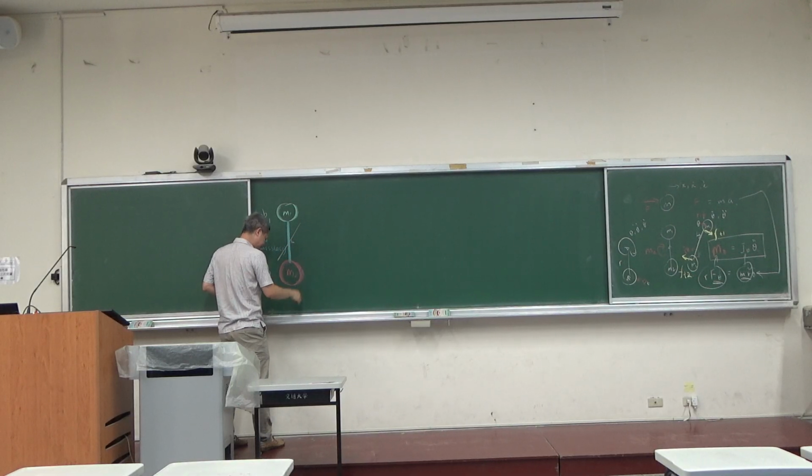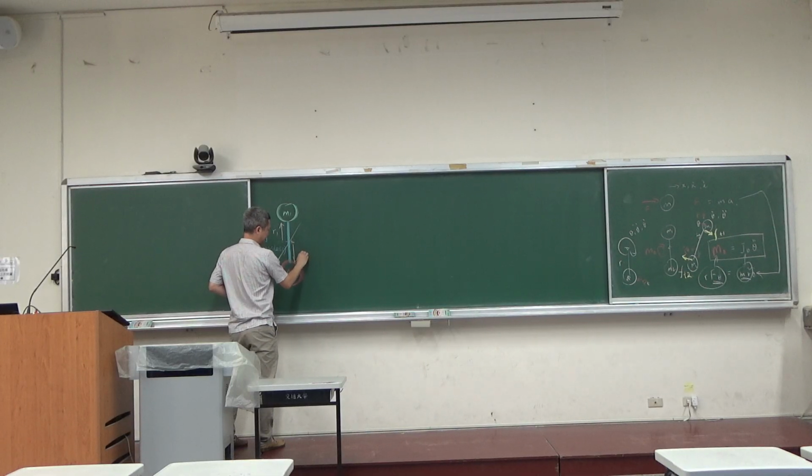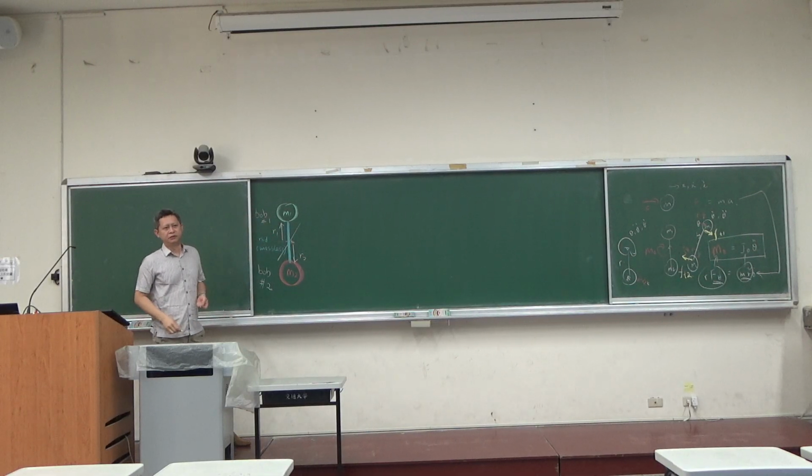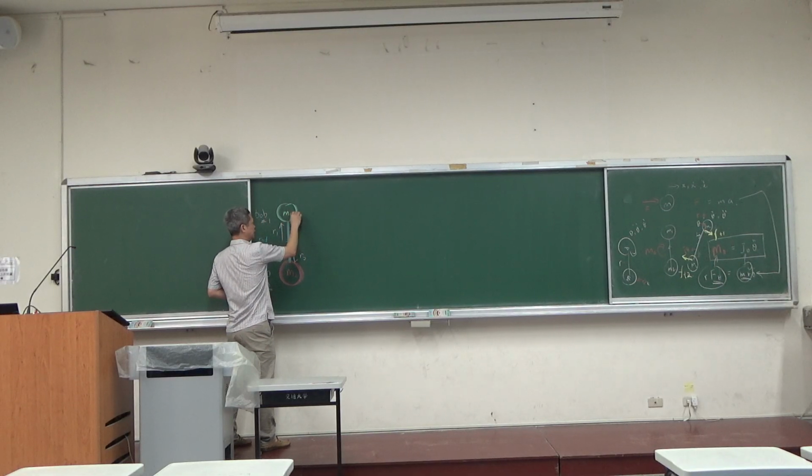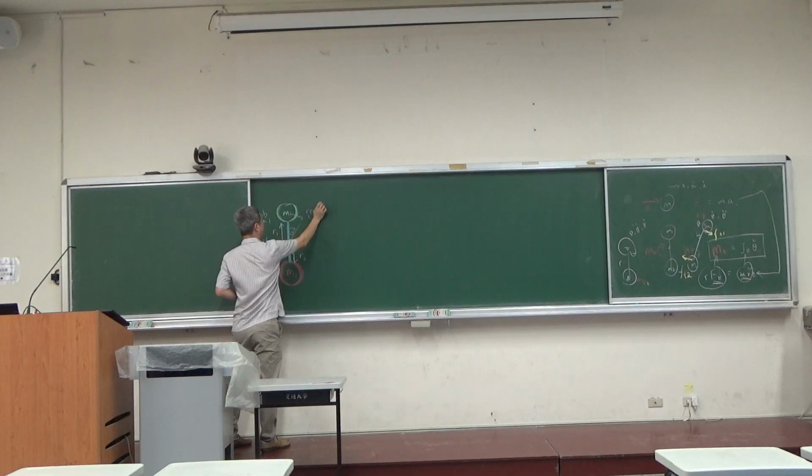So let's say the pivot to bob 1 distance is R1, and the pivot to bob 2 distance is R2. If you undergo rotation theta, the top bob will go through a displacement of R1 theta dot.